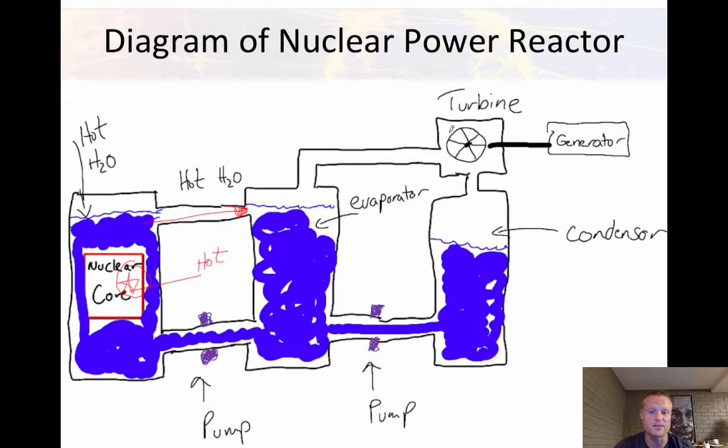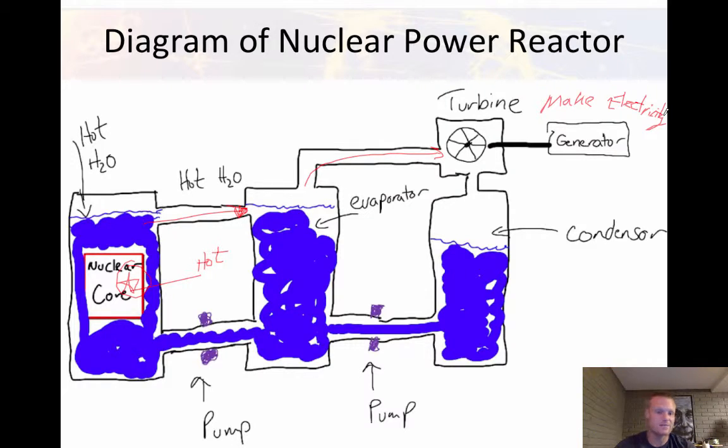And that water vapor causes this turbine over here to spin. If you have a spinning turbine, that can make electricity. And then that electricity can be used in your homes and whatnot, which is basically the same principle of how a coal power plant works. They burn the coal to heat the water to cause a turbine to spin.